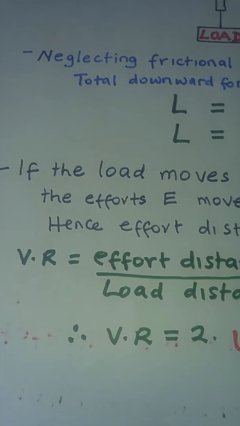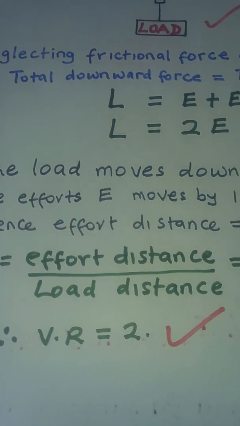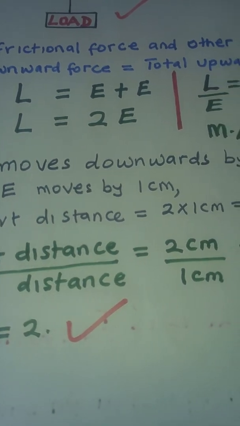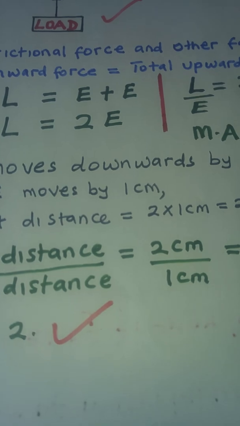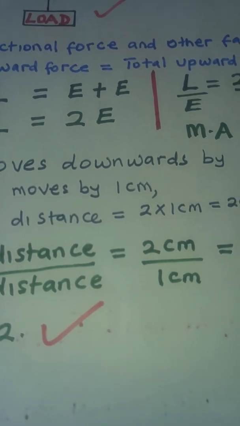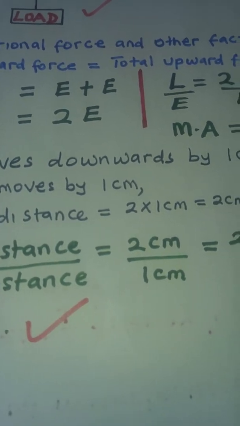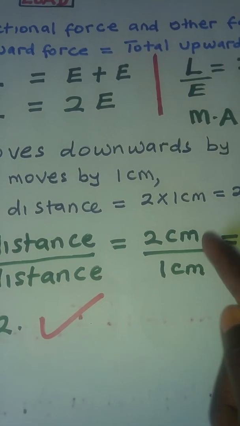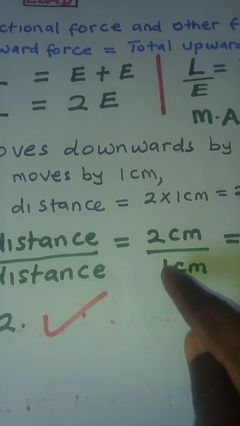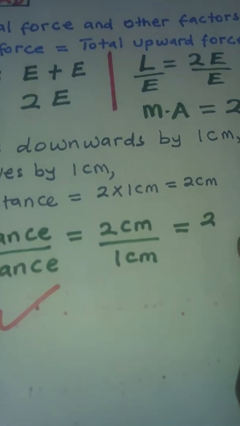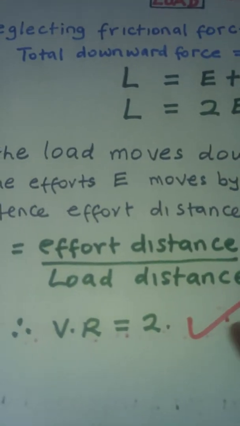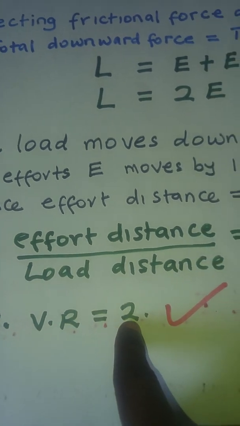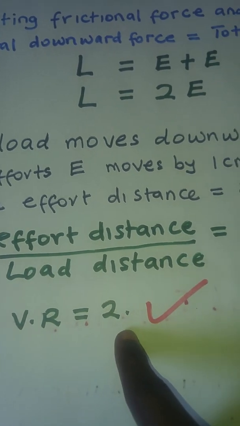So velocity ratio, we all know the formula is effort distance divided by load distance. So if the total movement by the effort upwards, because there are 2 E's there, is 2 centimeters, while the load has moved by 1 centimeter, what happens? These centimeters cancel. So you remain with the 2 divided by 1, and your answer becomes 2. So in summary, you can say the velocity ratio of this single movable pulley always will be 2.